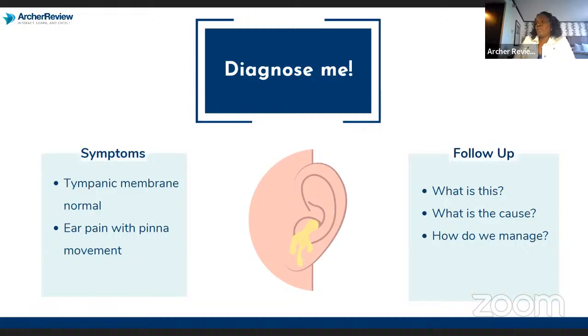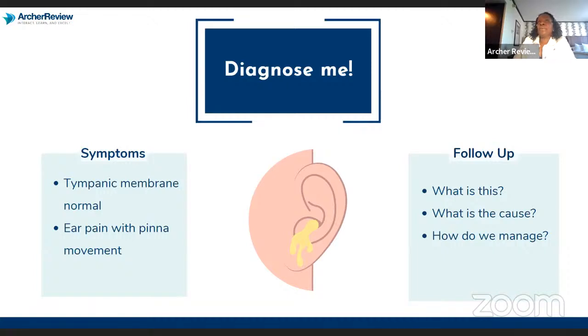So patients will have a painful, inflamed, erythematous ear canal. The ear canal could be partially occluded with debris, but the tympanic membrane would be fine. It would look normal.